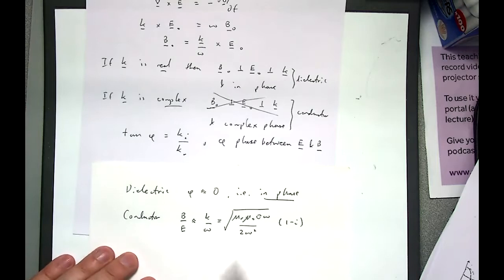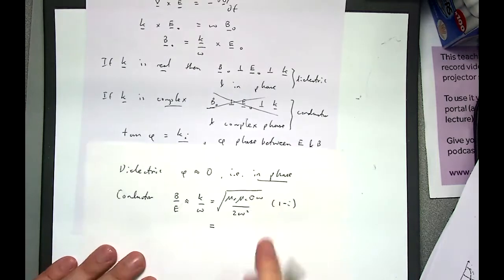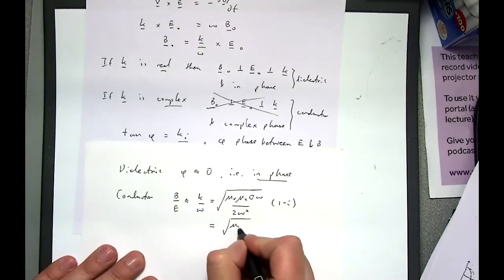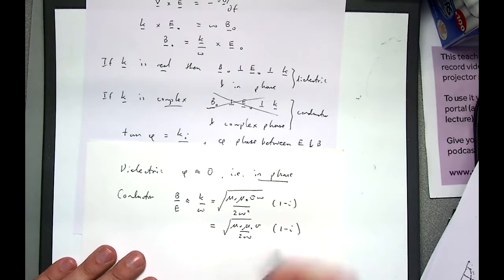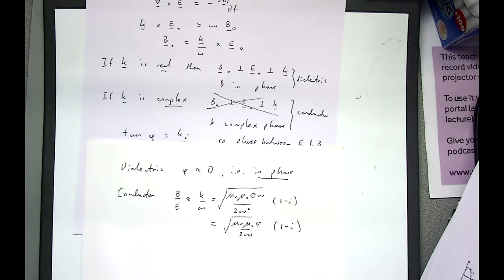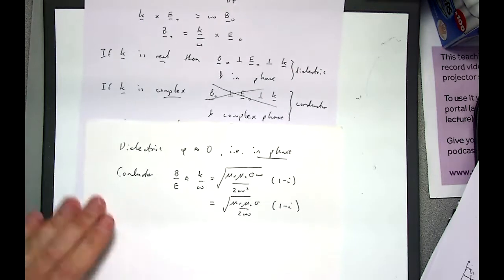So if we calculate that, we see that the omegas cancel out there, and we have mu r mu 0 sigma, can you see that right, over 2 omega. The omegas jump to the bottom, and we still have that 1 minus I on the outside. Remember, that was the situation because when I had a good conductor, it was the imaginary term in the dispersion relation. When I took the square root of it, I had those two terms. Okay? So we see those two components.